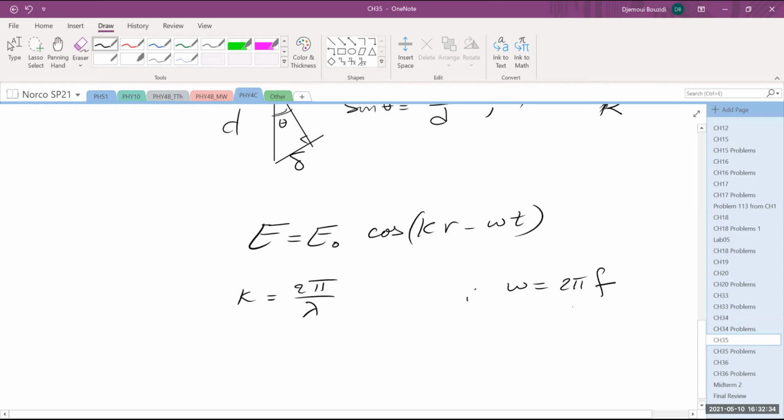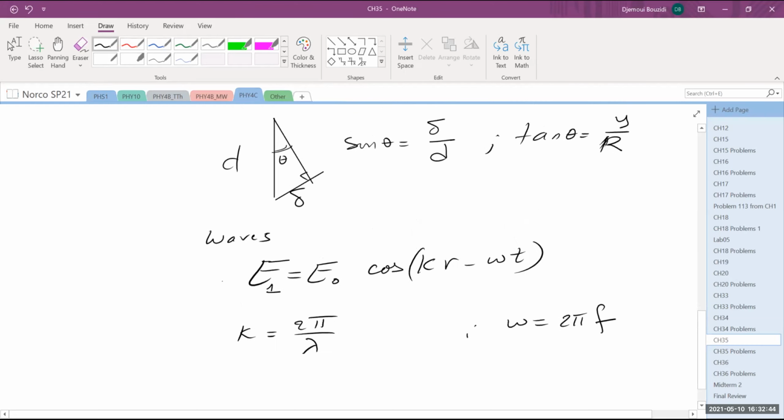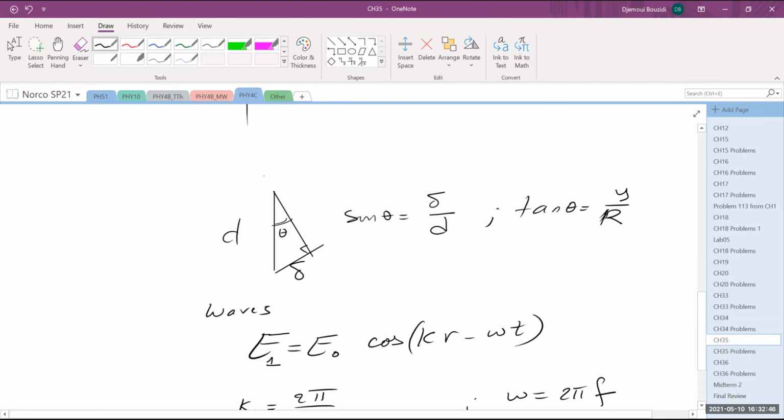So that is basically the basic equation for waves. This is coming from source 1, from here. So this is E1.